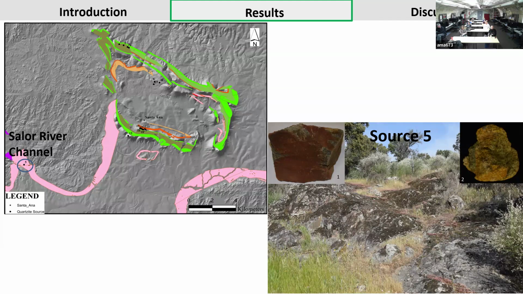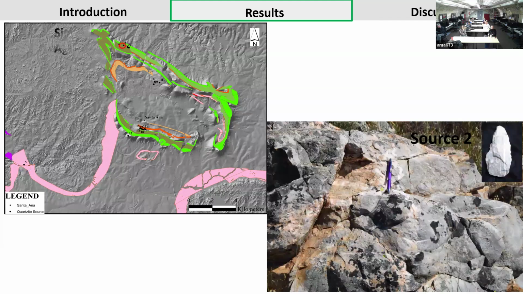It's quite distinct because it's the only one that has this kind of characteristic. Towards the Sierra de Agua Bibas area, you can see that the distinct quartzite that we have in this area has a quartz vein within it. This material here is one of the archaeological materials from Santa Ana Cave, and you can see this outcrop, and the quartz vein within them.